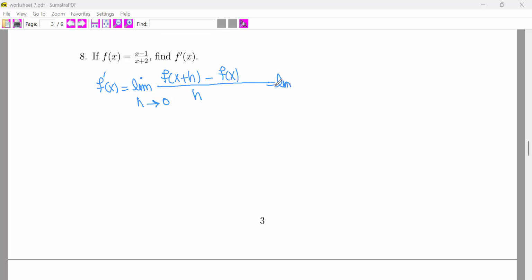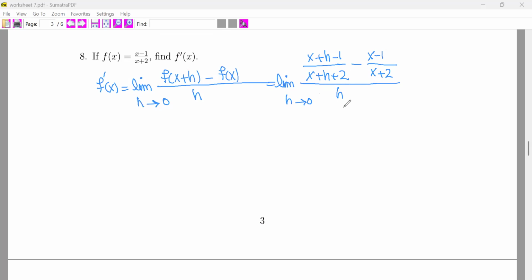So we will have x plus h minus 1 over x plus h plus 2, because we are going to write f of x plus h, minus the function that is given to us, which is x minus 1 over x plus 2, all over h when h is approaching 0.